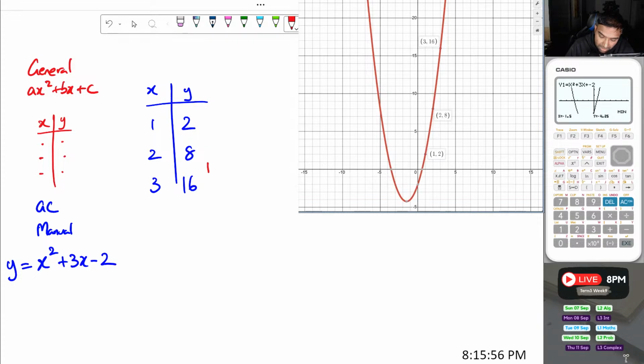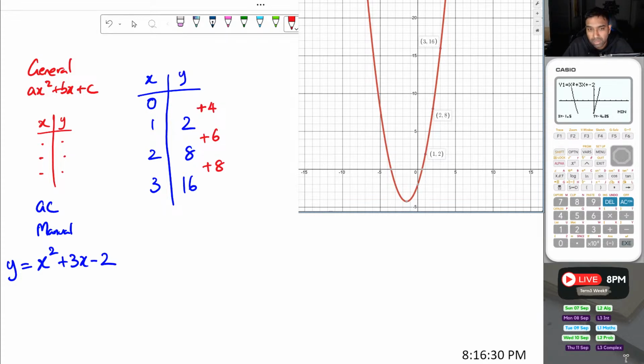We've got plus 8 here and plus 6 there, and if we went backwards in this pattern, I'll give this a little gap so you can get the idea. I want to figure out the y value when x equals 0. To do that, I look at these red numbers. They're going down by 2, so the red number will end up being plus 4.